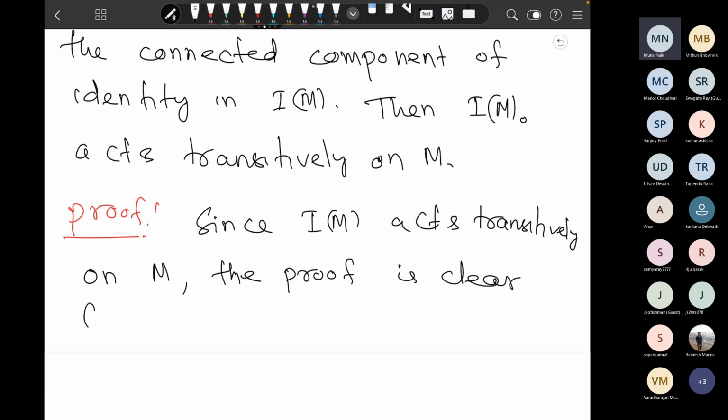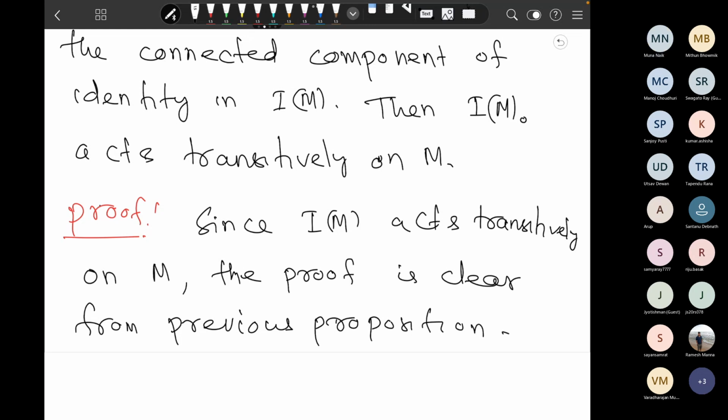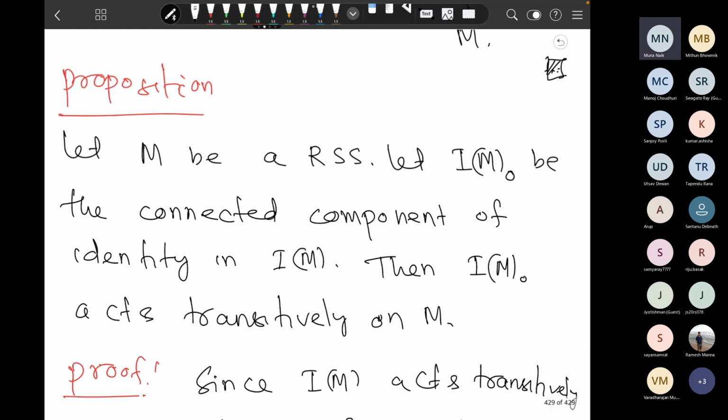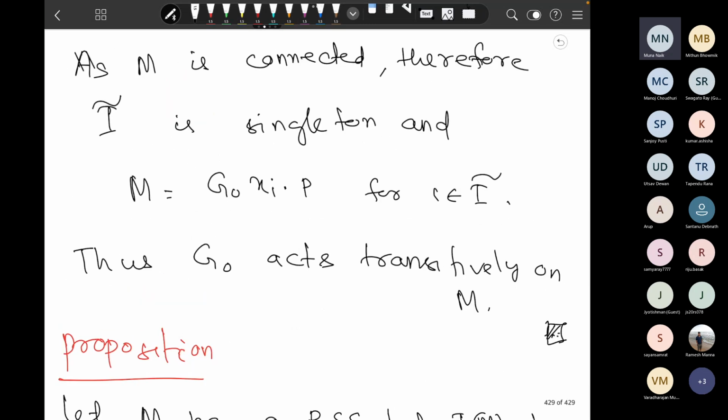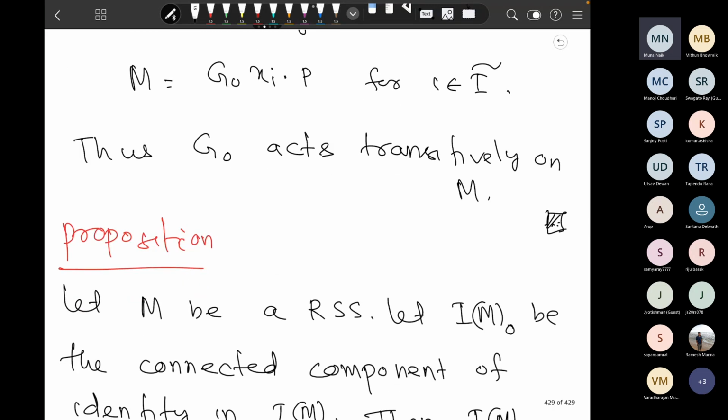Okay. So that is a thing. Now actually, what I will do, I will prove this proposition in a different way. This was the proof which Helgason gives in his book.